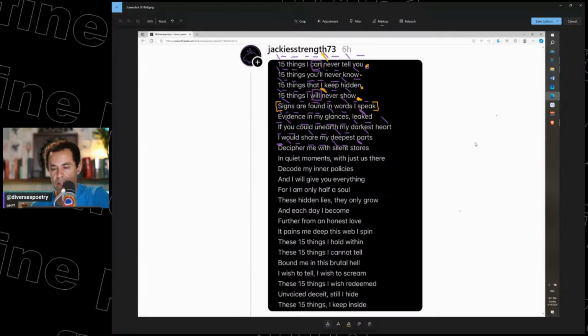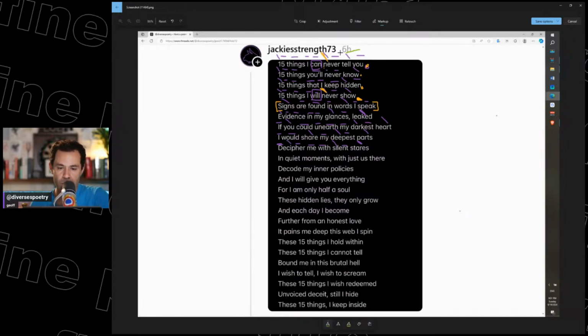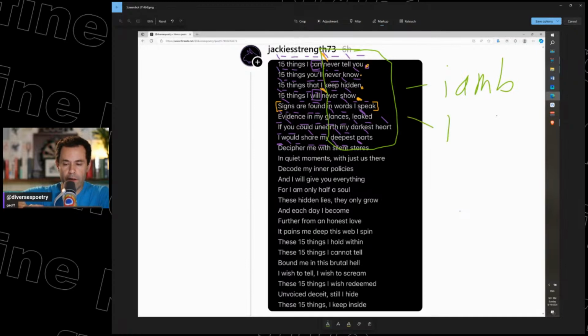One of the things we're seeing consistently in this piece is, notice how we're closing a lot of these. We tend to be closing, I would say, our last four stresses very often, switching to a lot more iambs, like da-da, da-da, or to more trochees.